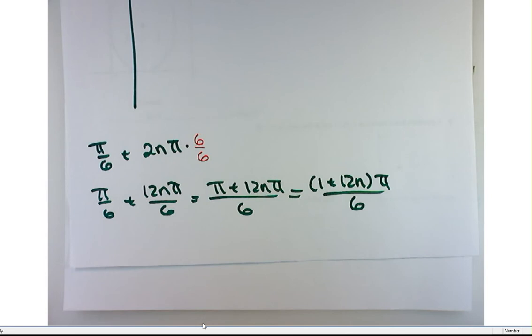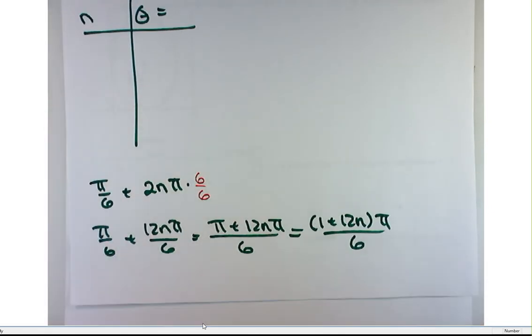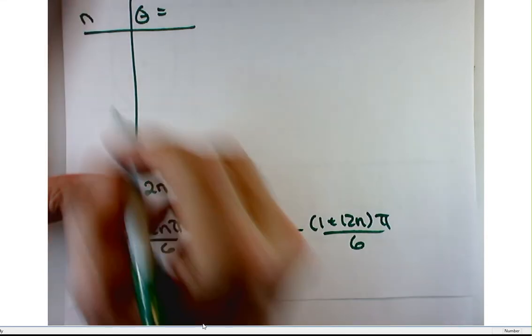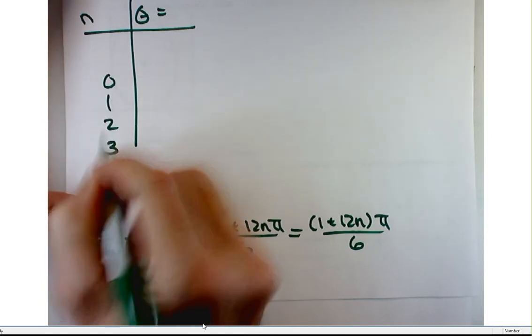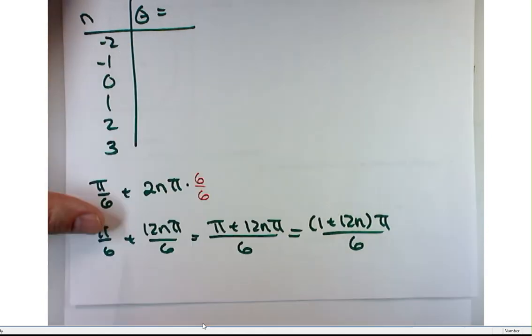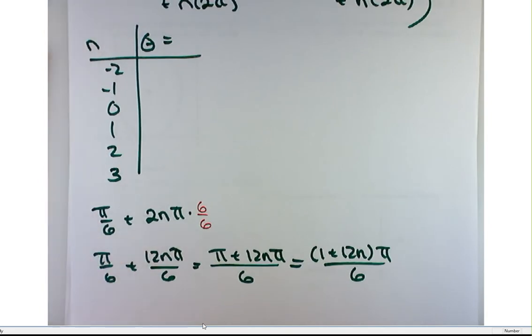But once you've got that general form, then the rest of this should be pretty easy. Let's put in a few values for n just to see what the general solutions look like. And then we'll go back and look at Desmos and make sure that it actually lines up the way that we think it does. So, all right, let's put in values like 0, 1, 2, and 3. We can also put in -1 and -2 as well, just to get in a couple negative solutions.